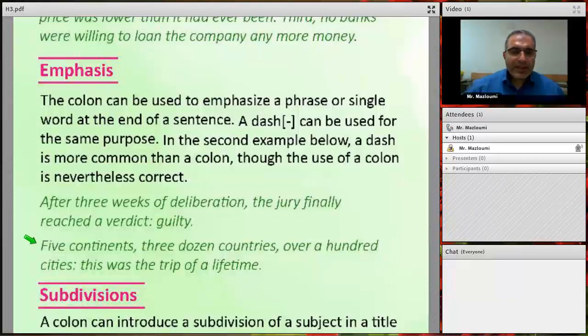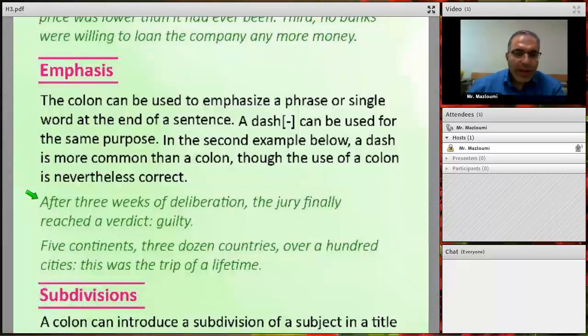In the second example below, a dash is more common than a colon. We can use a dash here in the second example. Though, however, the use of a colon is nevertheless, is yet correct. So it is correct to use the colon here.